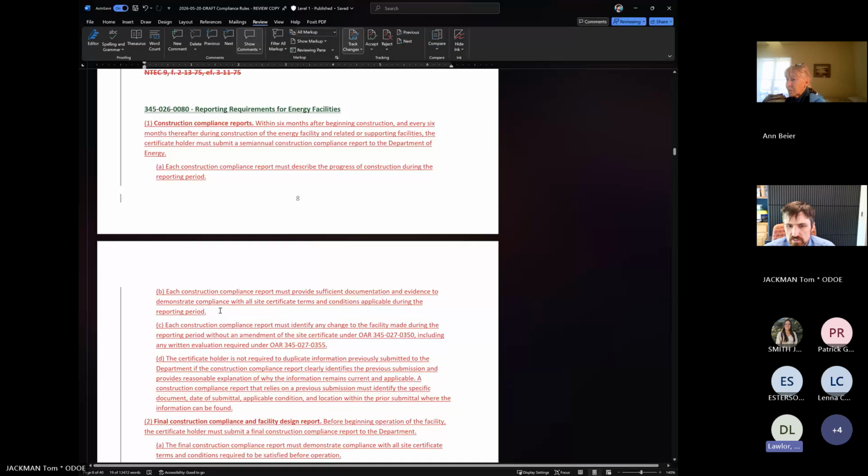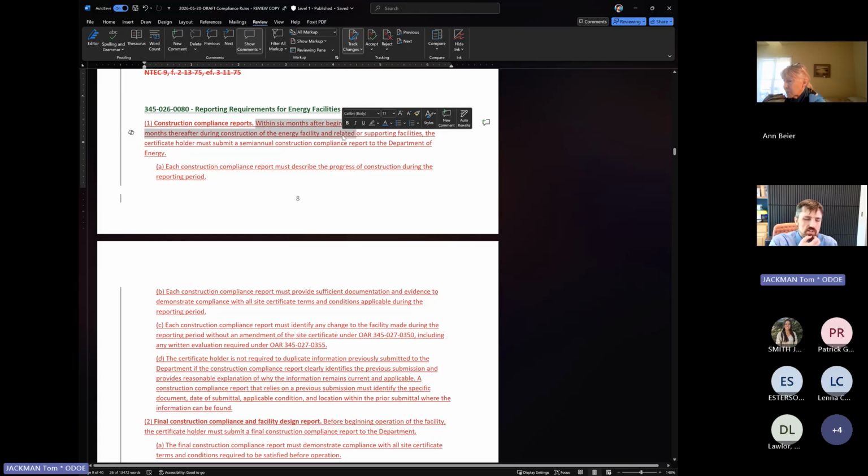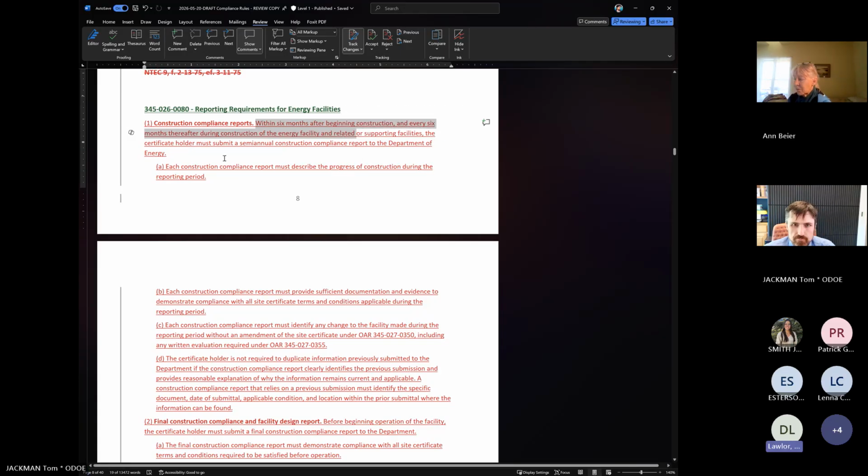If you've already provided that information before, we're not reissuing the same compliance report. This is just during construction. My understanding, and Sarah, maybe you can correct me if I'm wrong, is that if things haven't changed, your report would say that.